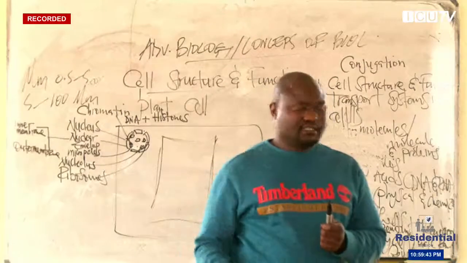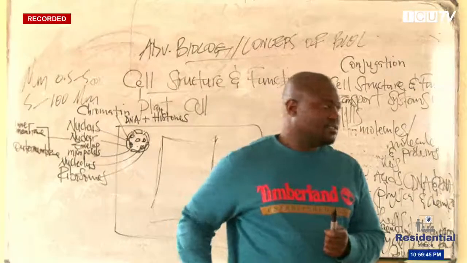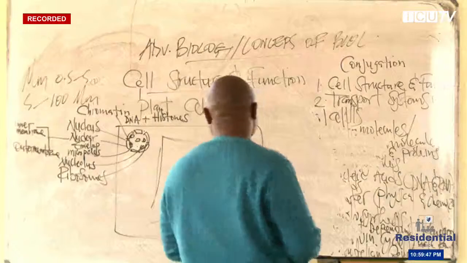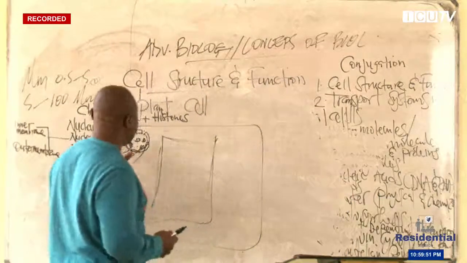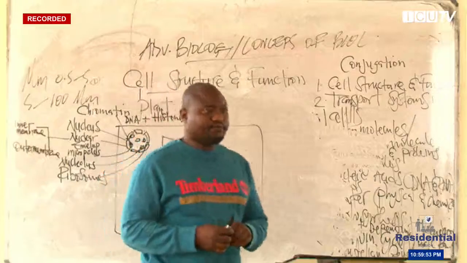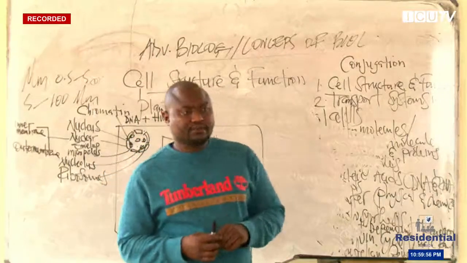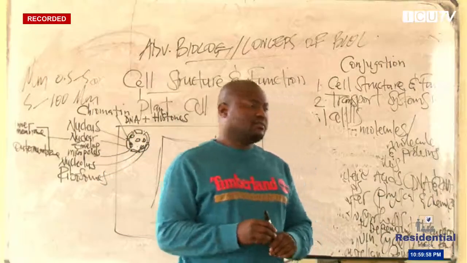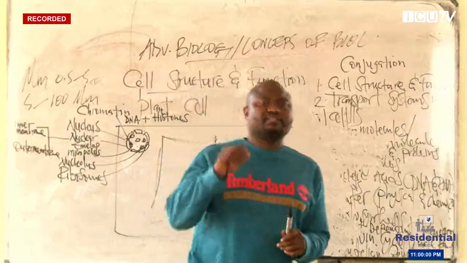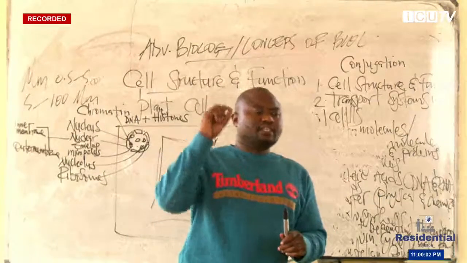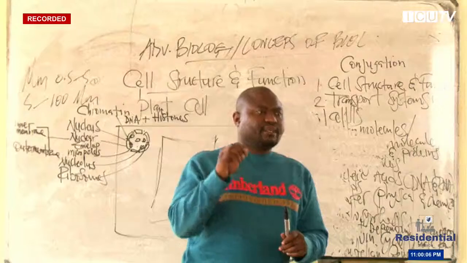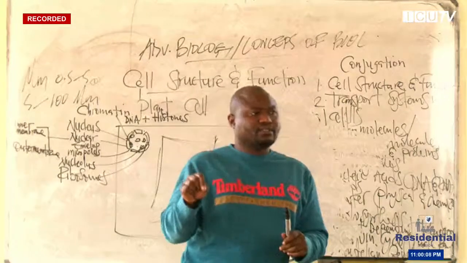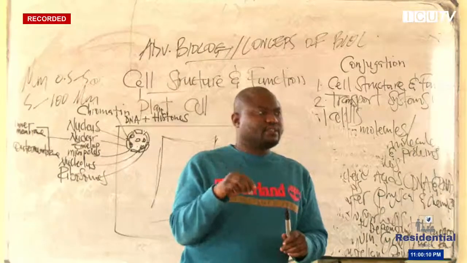So that is what the nucleus in the eukaryotic cells is made up of. Are we together? Now, it must be mentioned that in eukaryotic cells, the DNA plus associated proteins plus histones is housed where?